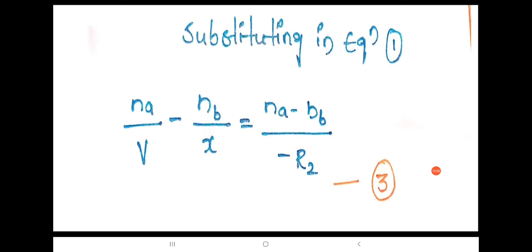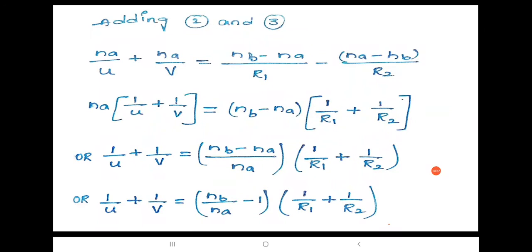Here, when we substitute all the values in equation 1, we will get NA/V minus NB/X equals (NA minus NB)/(minus R2). Take this as equation 3.